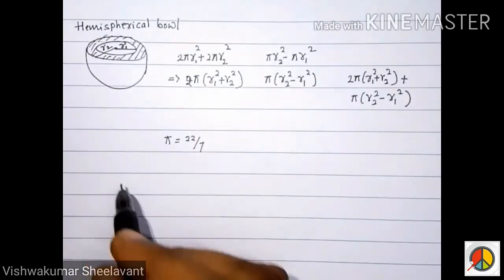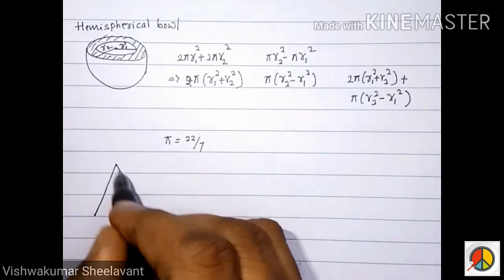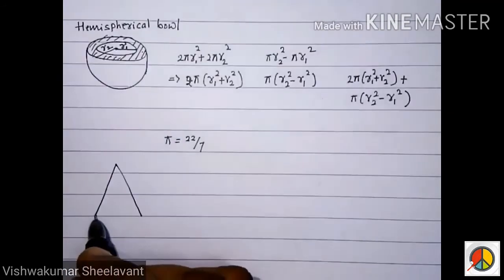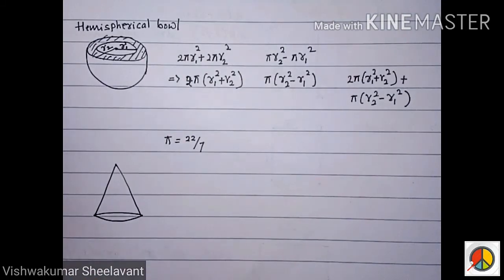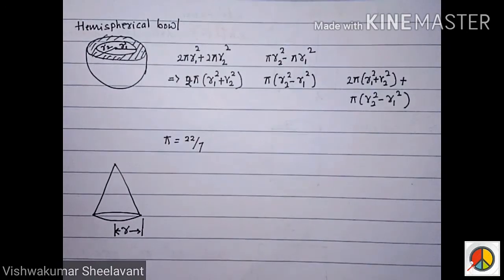Next object is a cone. The base of the cone will be circular. Say the radius of cone that we are going to consider here is r units.